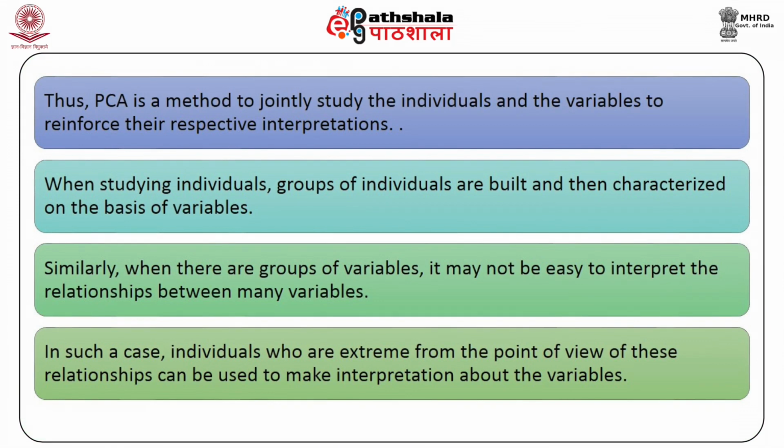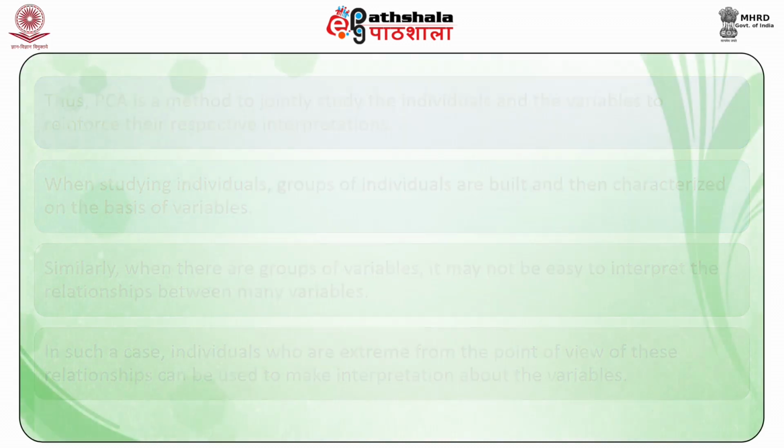When studying individuals, groups of individuals are built and then characterized on the basis of variables. Similarly, when there are groups of variables, it may not be easy to interpret the relationship between many variables. In such a case, individuals who are extreme from the point of view of these relationships can be used to make interpretation about the variables.